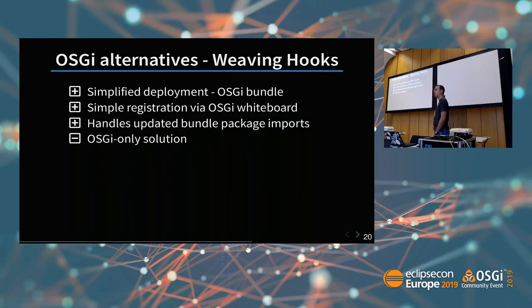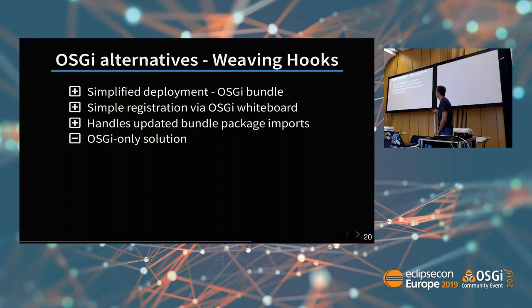I've been talking a bit before to look into if your platform actually has a mechanism for doing this, and apparently OSGi does, right? You have weaving hooks, which more or less allow you to do the same thing that Java agents allow you to do, but nicer. You deploy your weaving hooks as an OSGi bundle. You register them using the whiteboard, so you can use declarative services or whatever you're happy for.